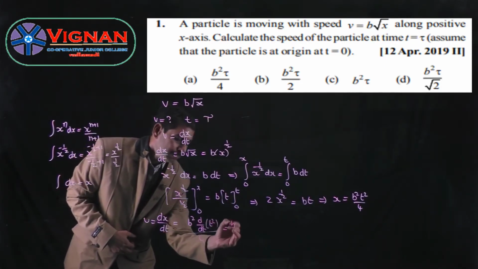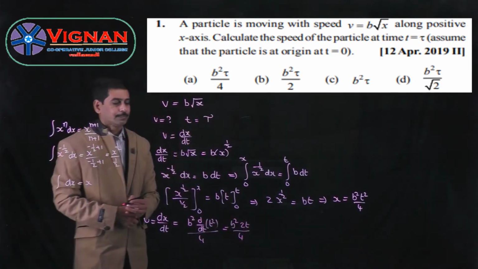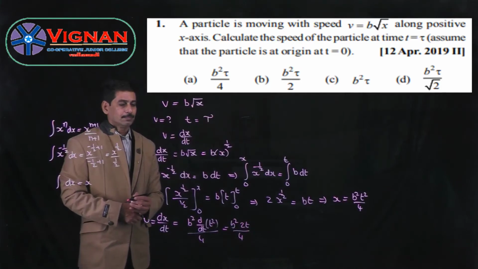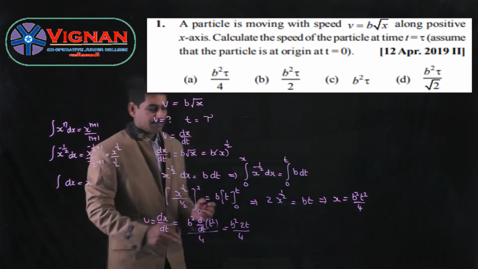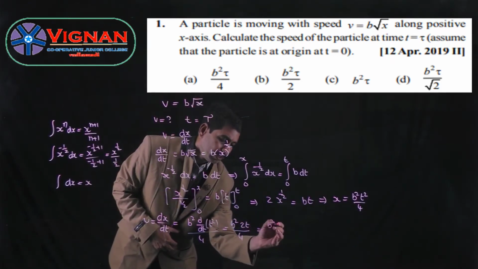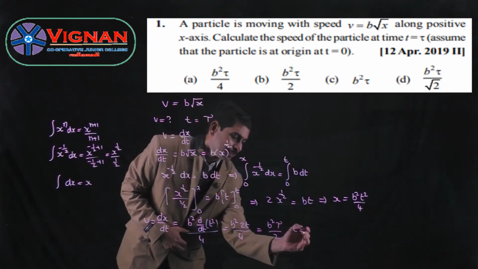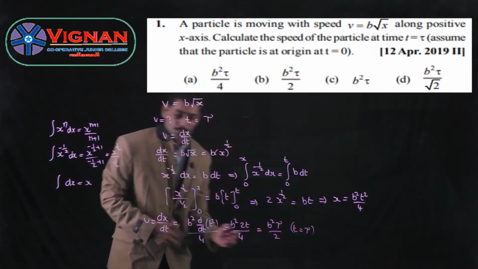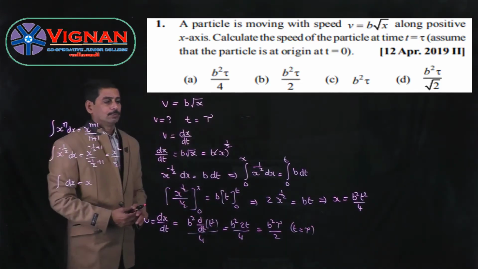This is nothing but b square into 2t divided by 4. And when t is equal to tau, this becomes b square tau by 2, because here t is equal to tau. So this is the velocity when t is equal to tau.